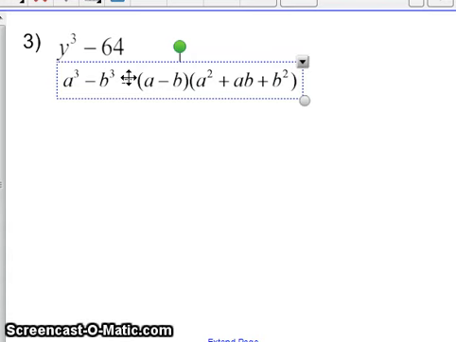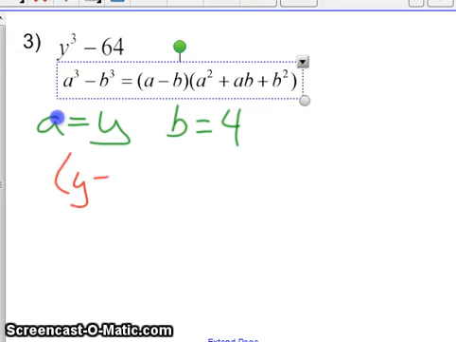So what's the cubic root of y to the third? y. What's the cubic root of 64? 4. We already did cubic root of 64. So now I'm going to plug that into my formula.